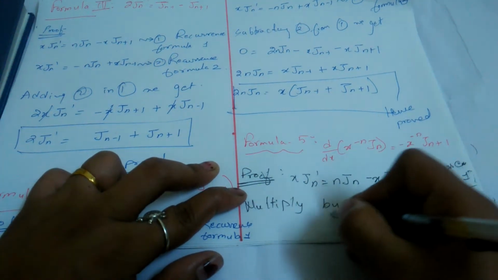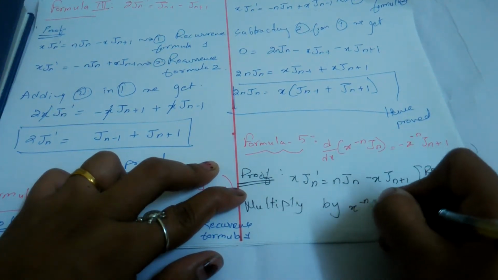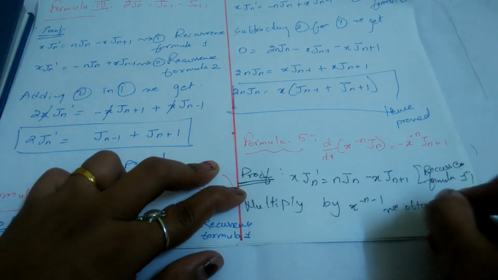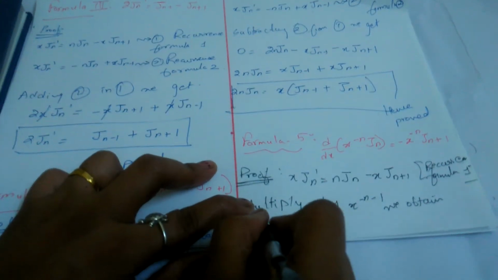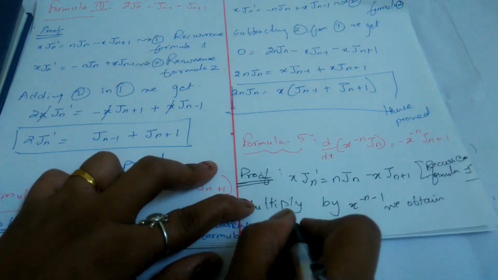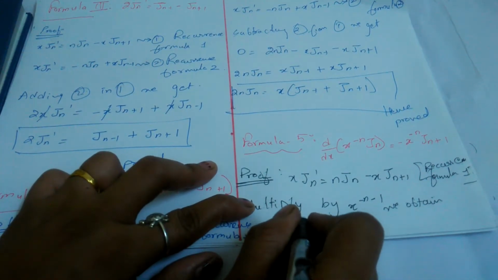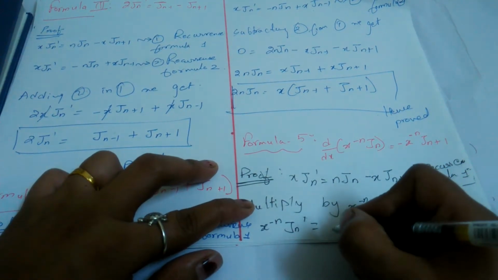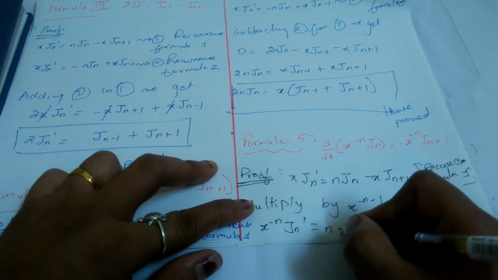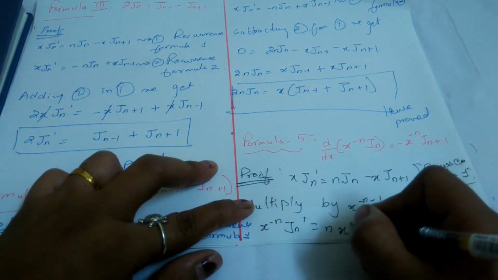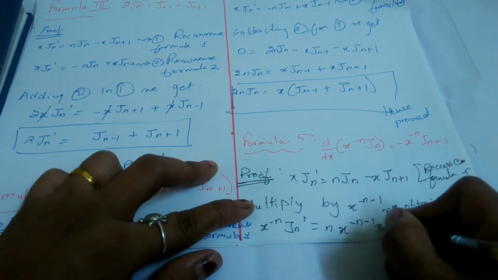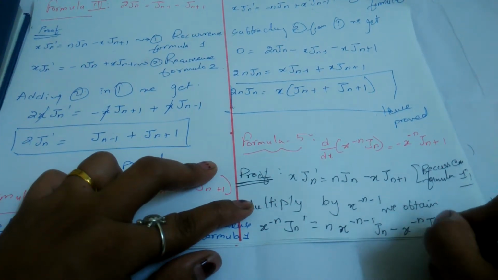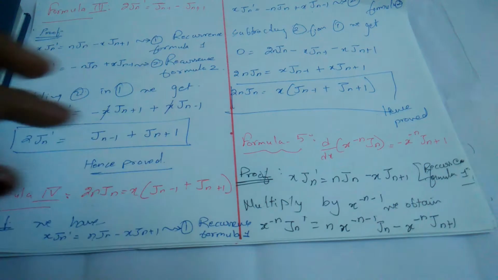Multiplying by x raised to minus n minus 1, what I will obtain is x raised to minus n Jn dash is equals to n of x raised to minus n minus 1 Jn minus x raised to minus n J of n plus 1.